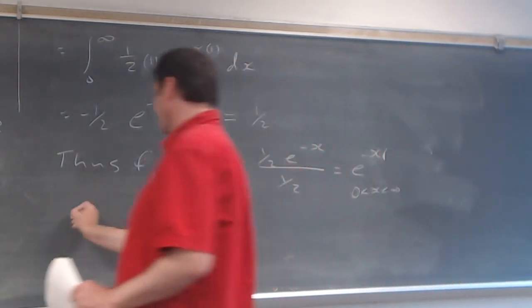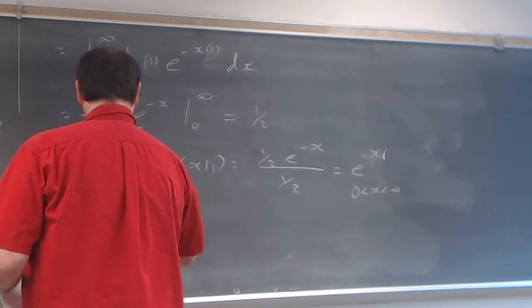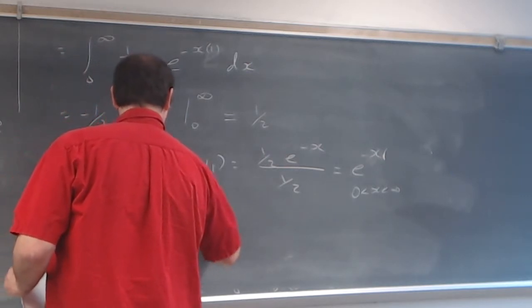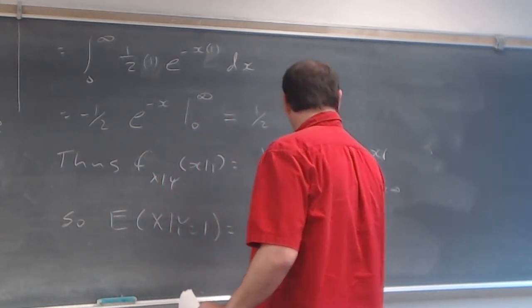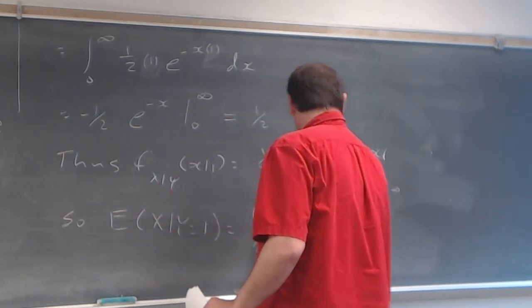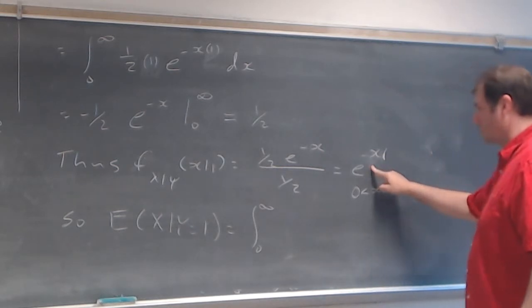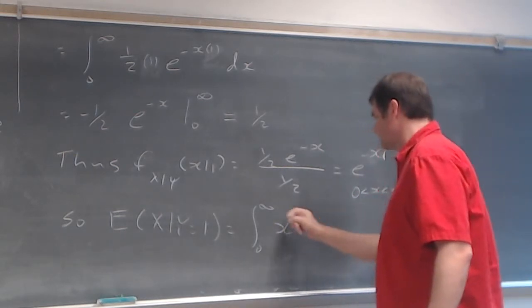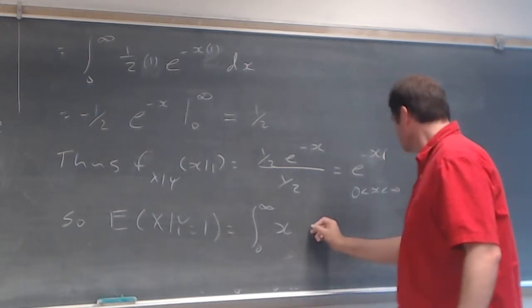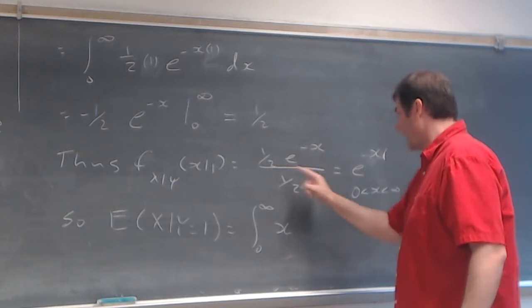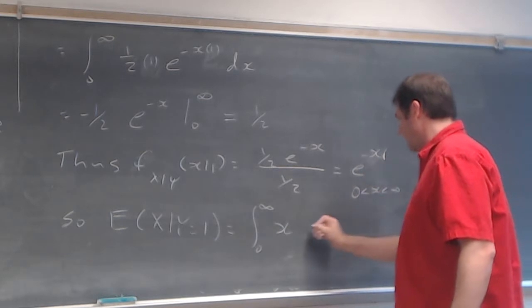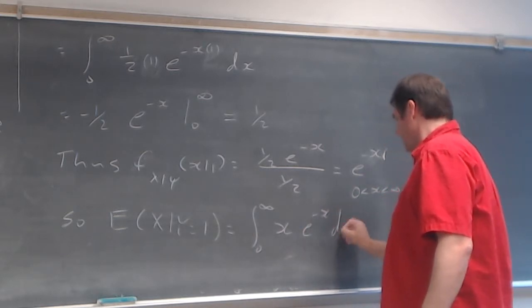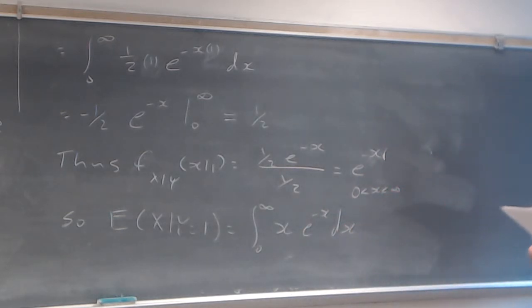Now, the expected value of x given y equal to 1 will be equal to the integral from 0 to infinity of x times f sub x given y, that's e to the minus x, dx. So that's where we are.